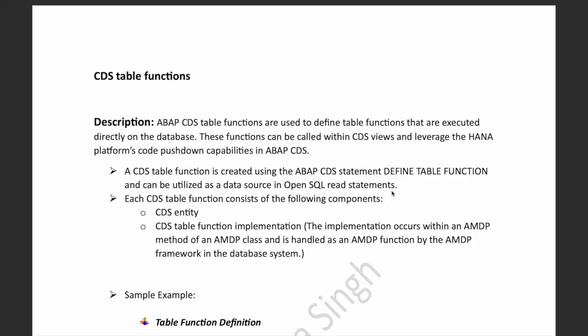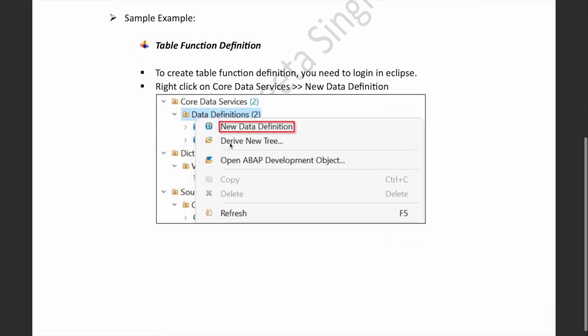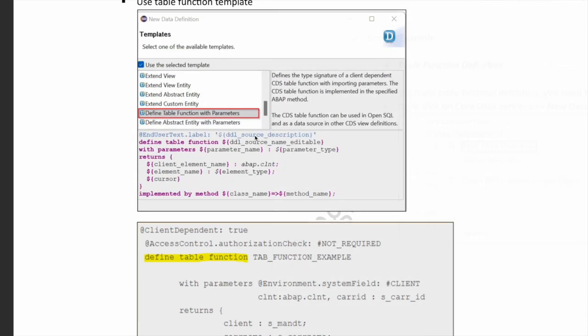So we have two components in CDS table function, one CDS entity, which we will define using new data definition, and we will select the option define table function with parameters. This define table function option we will use in the data definition to create a CDS table function.